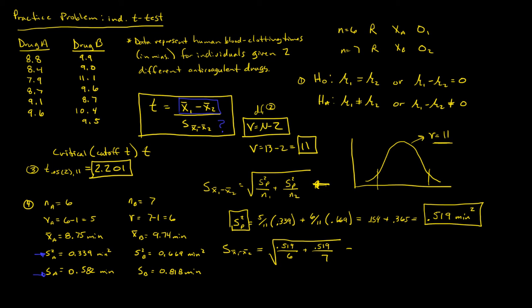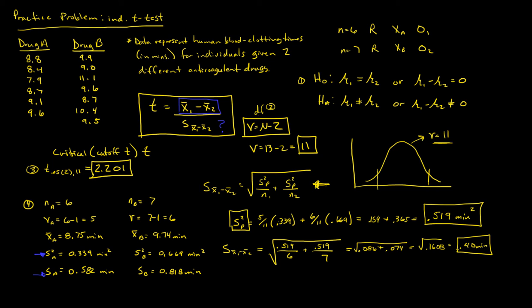And when you plug and chug this, you get 0.086 plus 0.074, square root, equals the root of 0.1608, equals 0.40 minutes is our unit here.